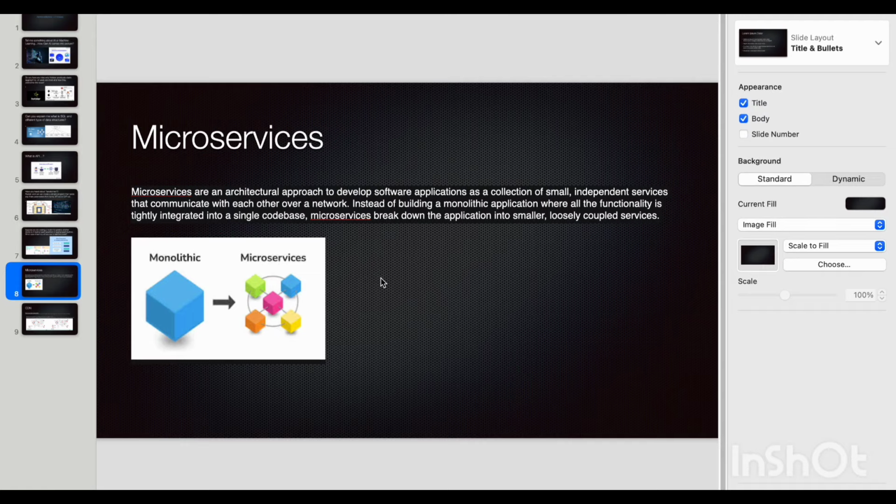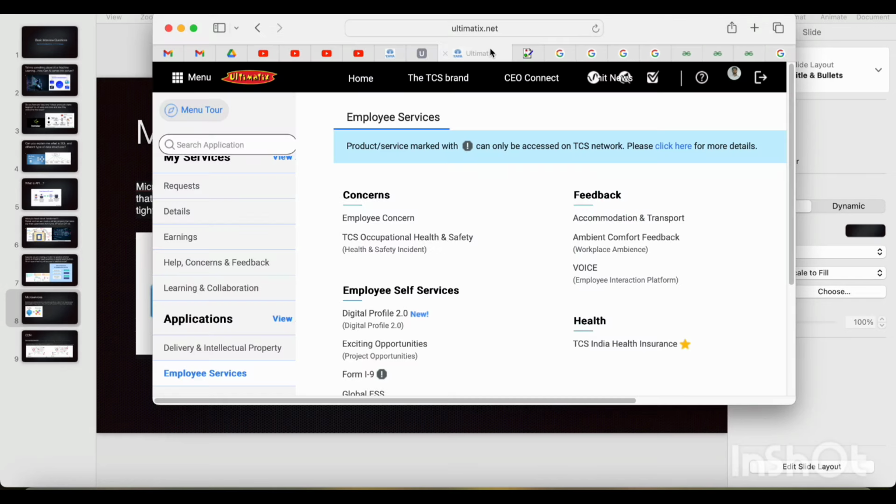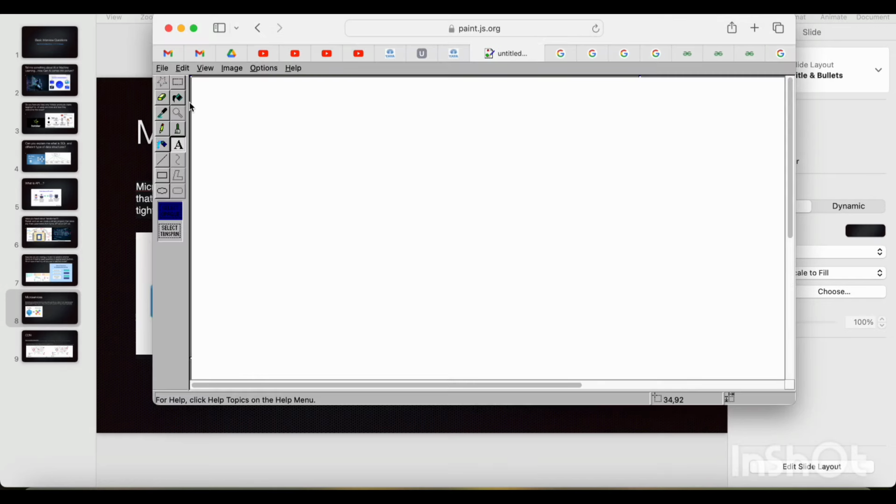Let's take an example of an SAP system, a traditional SAP system.